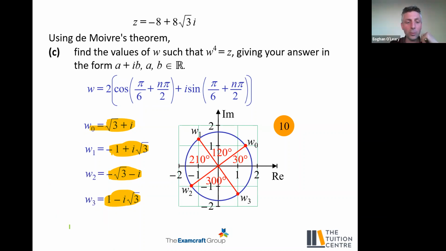And if you multiply W0 by I, you will get W1. If you multiply W1 by I, you get W2. If you multiply W2 by I, you're going to get W3. Each is an anti-clockwise rotation of 90 degrees relative to the first one.